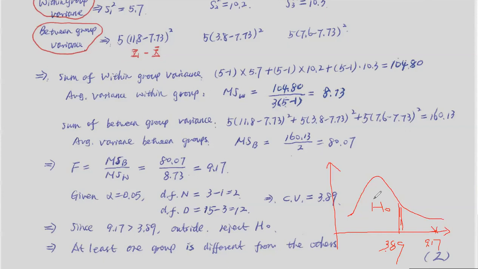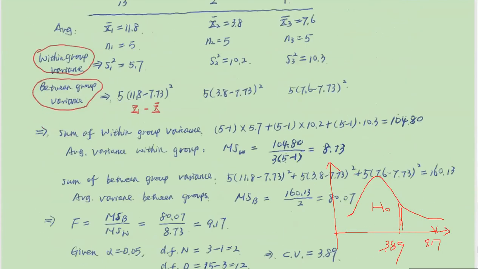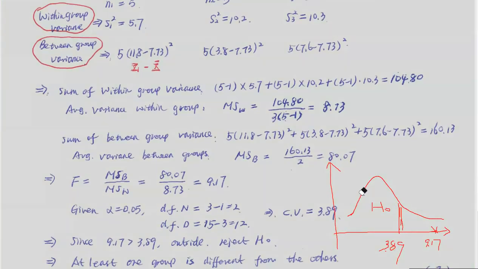Data further away from H0 means we are not supporting H0. We are supporting H1. That means there's a significant difference: at least one group is different from the others among those 3 groups of people. Is that clear, everybody? So that's the idea of using the F test to compare multiple group averages.